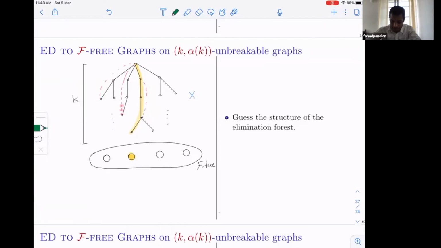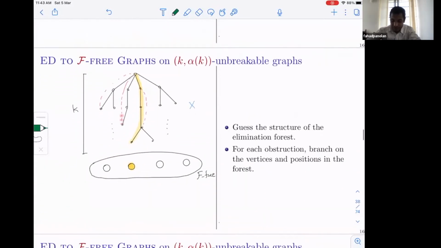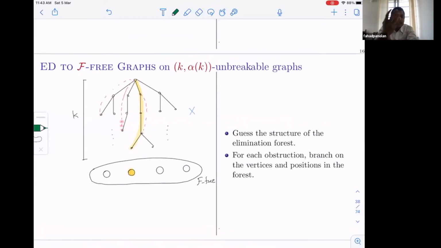Now after guessing that, I will check whether my graph G has an obstruction, which means an induced subgraph which is isomorphic to a graph in F. If no, then we are done: the graph G itself is F-free.